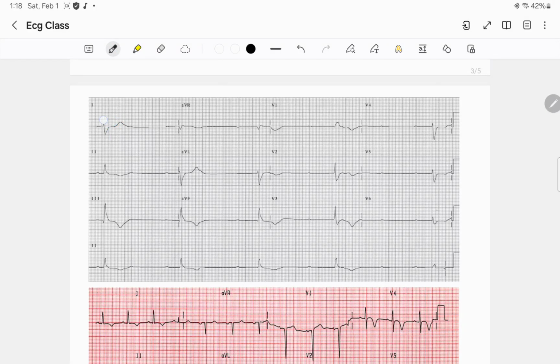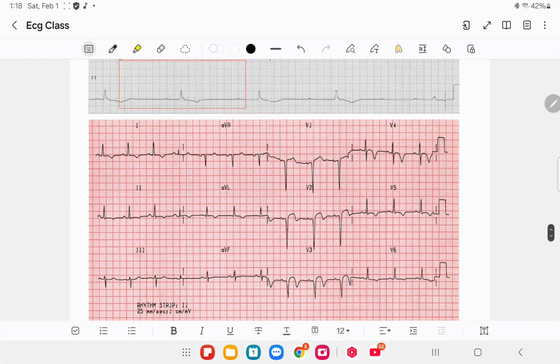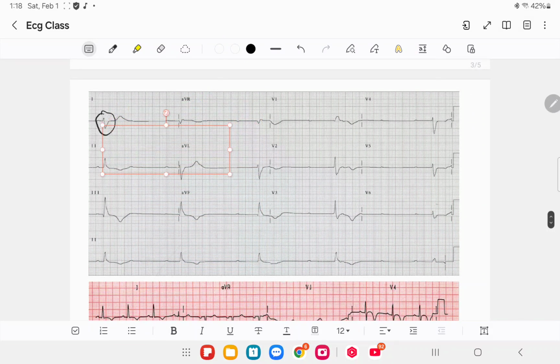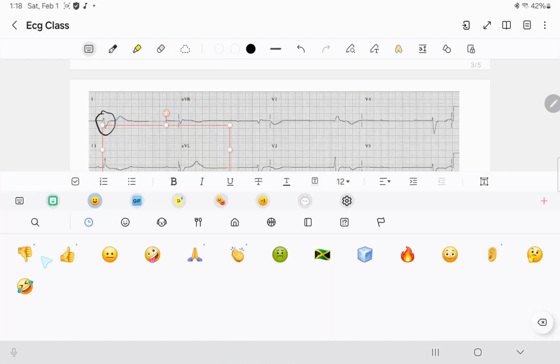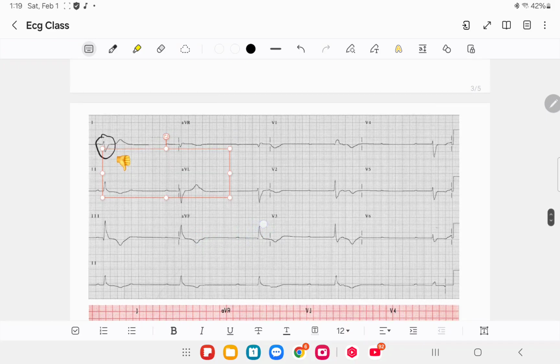Alright, so with this one, lead 1 is mostly down. So let's give that a thumbs down. Thumbs down. So use your thumbs, right? And then lead AVF is mostly up.